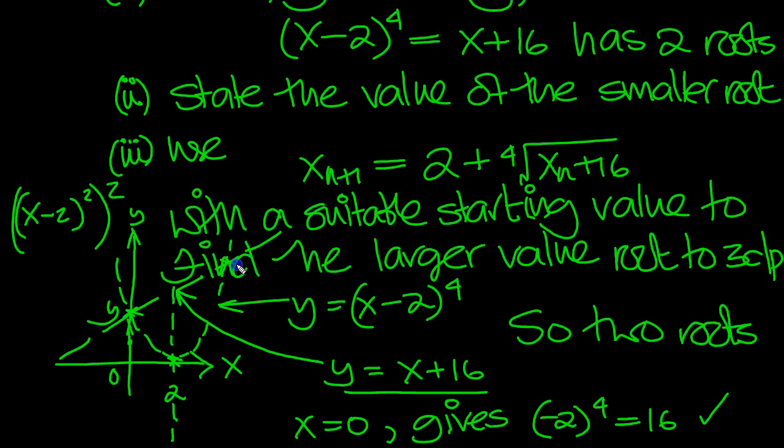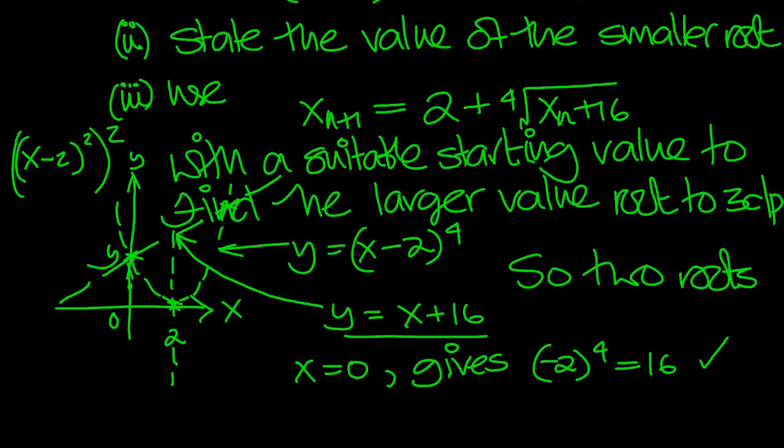Now there's another root here, well above 16. This is the iterative formula. If we try something above 2, let's try 3, we should work up and find the solution.